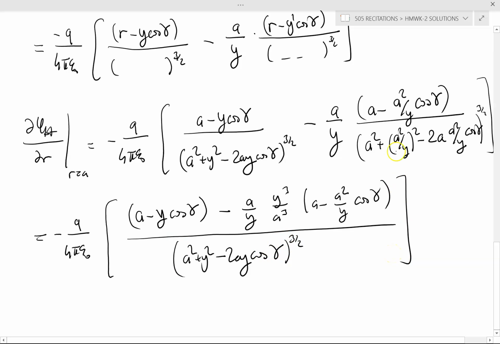How shall I pass from here to there? I have only re-expressed this and put it into this form. It just turned out to be an extension of y squared divided by a squared, right? I am taking it to the upper side and it ends up with this.